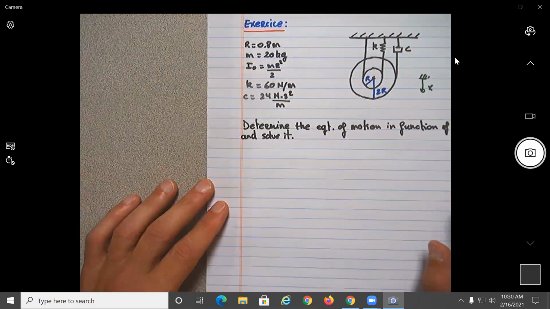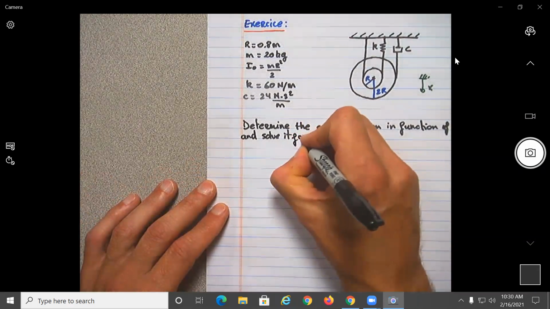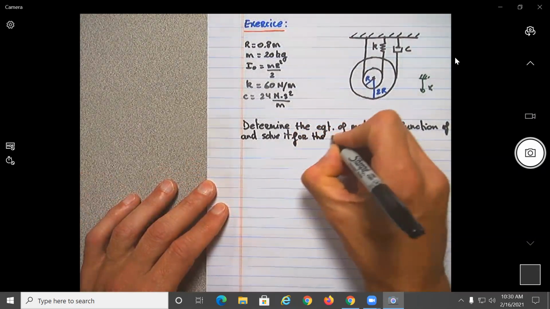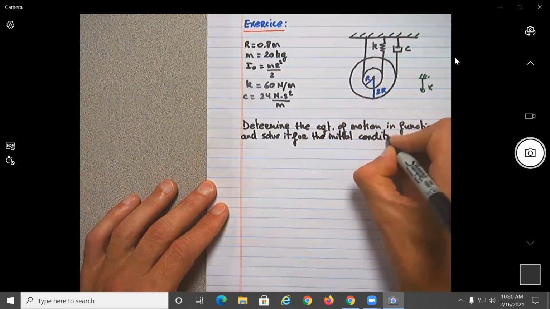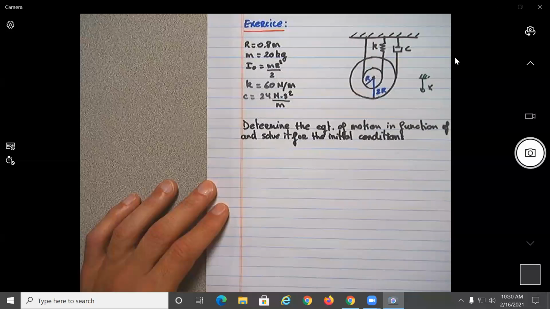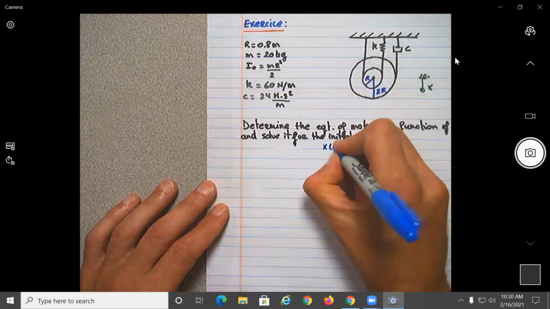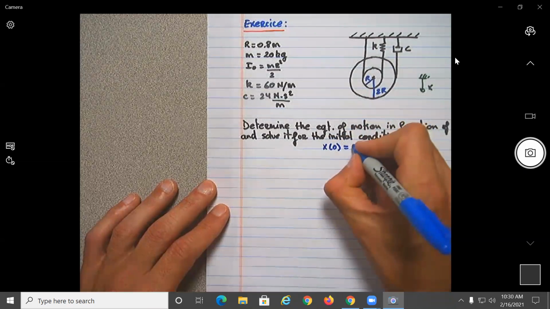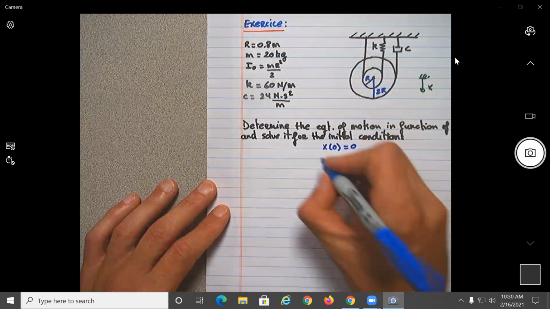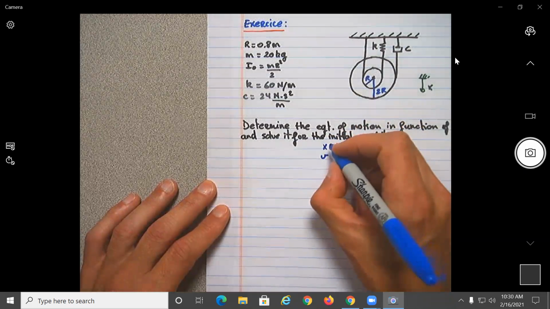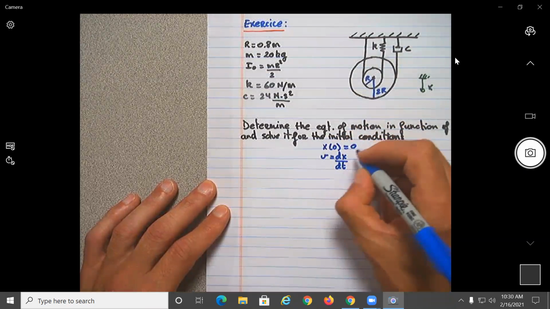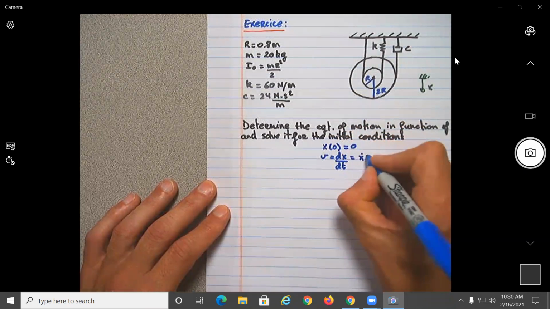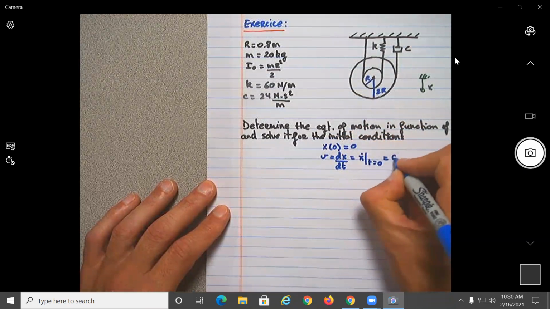So determine the equation of motion in function of x and solve it for the initial conditions, okay, the same as before. x of 0, this time we say start from 0, and the initial velocity v equal dx/dt equal x dot at t equals 0 equals 0, okay?